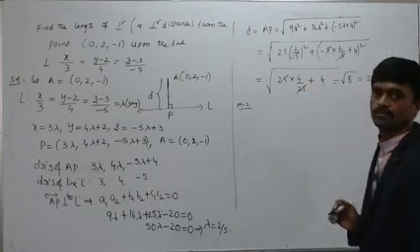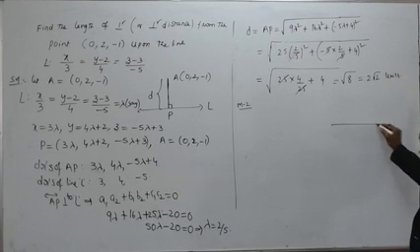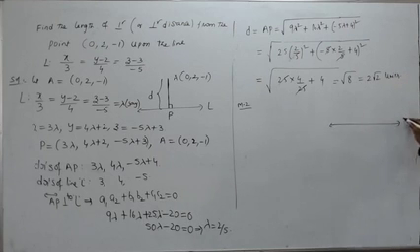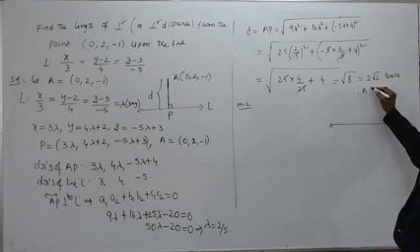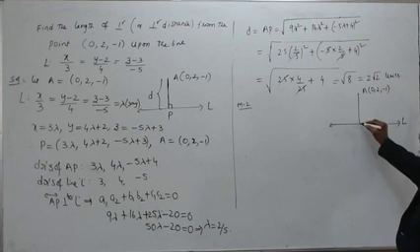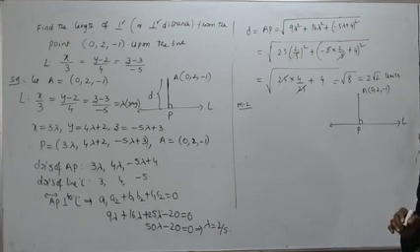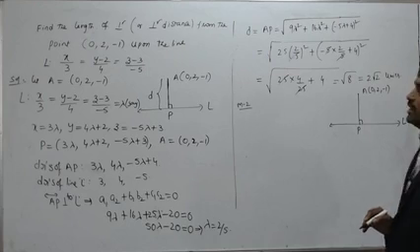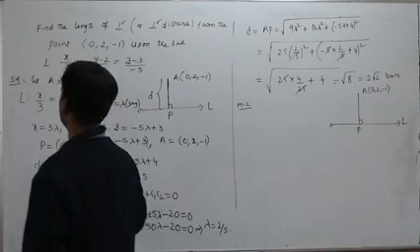Method 2. So this is the line L, and this is the given point A, 0, 2, minus 1. Draw the perpendicular, where P is the foot of the perpendicular drawn from A to the line. But the given line is passing through which point?